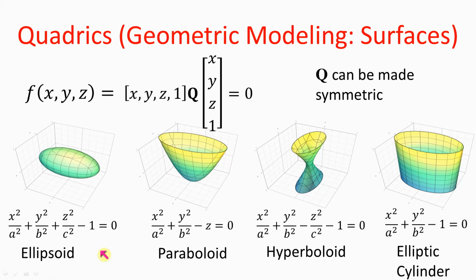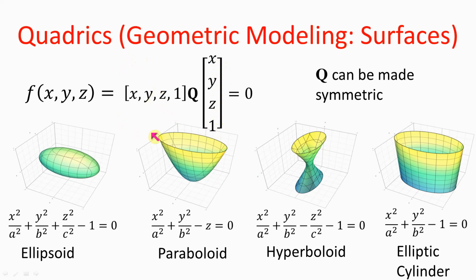This is possible if we recognize that these quadratic equations can be defined by a general quadratic formula when we take x, y, z Cartesian coordinates, extend them with a constant 1 value, and this 4-element row vector is multiplied by a 4 times 4 matrix Q, and then it is multiplied by a 4-element column vector of Cartesian coordinates x, y, z and constant 1.